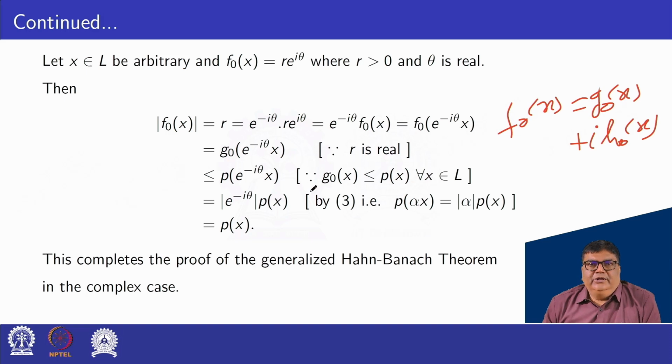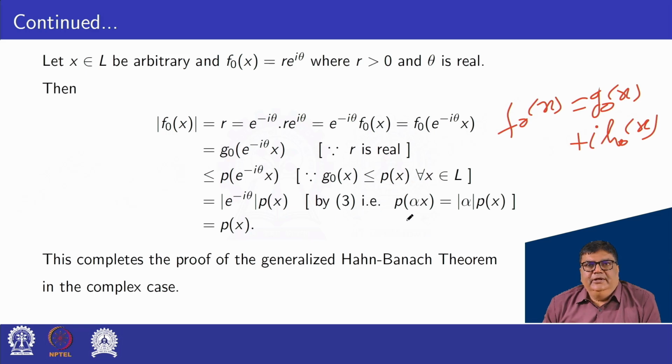Again, we know that g0(x) ≤ p(x). So this can be written as ≤ p(e^{-iθ} x).